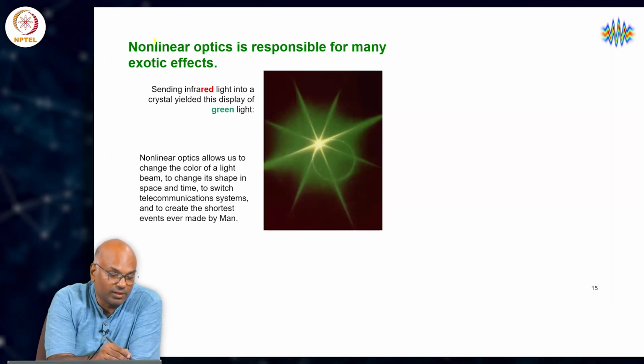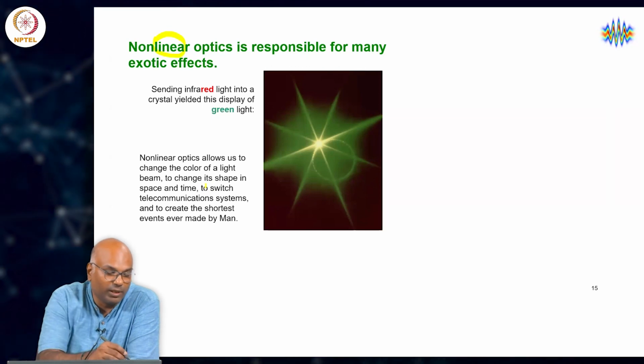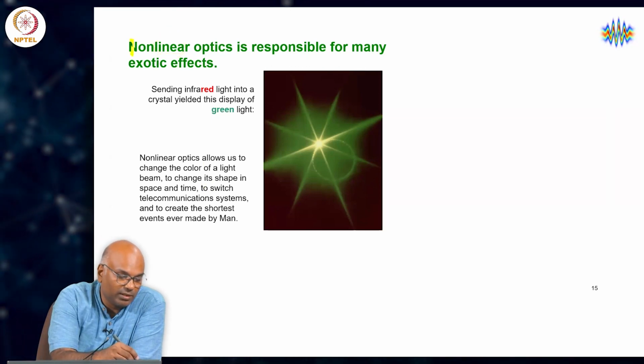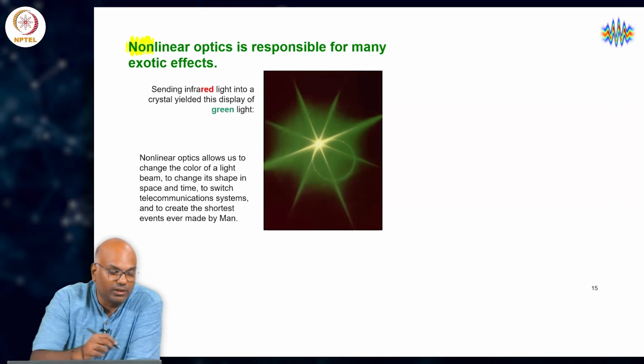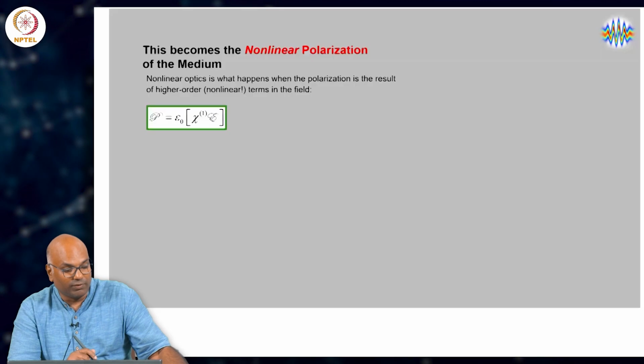This is what we discussed so far; it underlies all linear optic phenomena. But in this course, here and hereafter, we are interested in nonlinear phenomena. So, what is it about nonlinear phenomena?